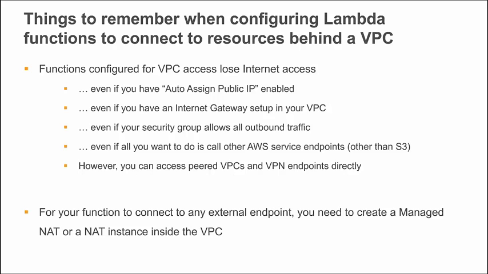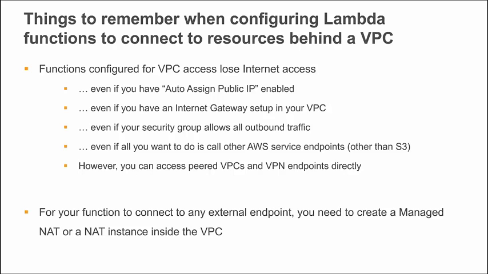Even if you have an IGW set up in your VPC, the Lambda function will still not be able to talk to the internet directly. Even if your security groups allow all outbound traffic, and you associate that security group with the Lambda function, it will not be able to talk to the internet out of the box.